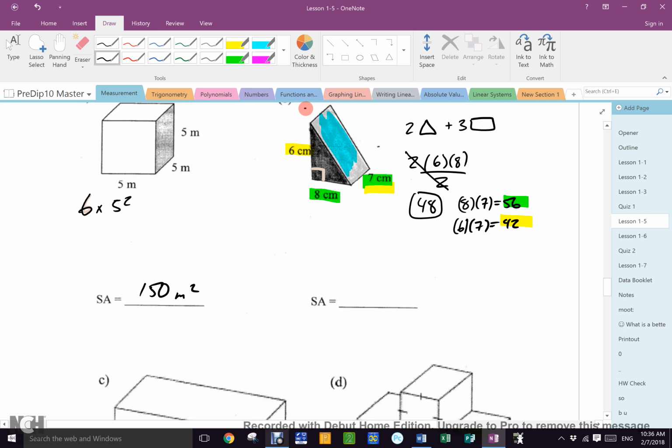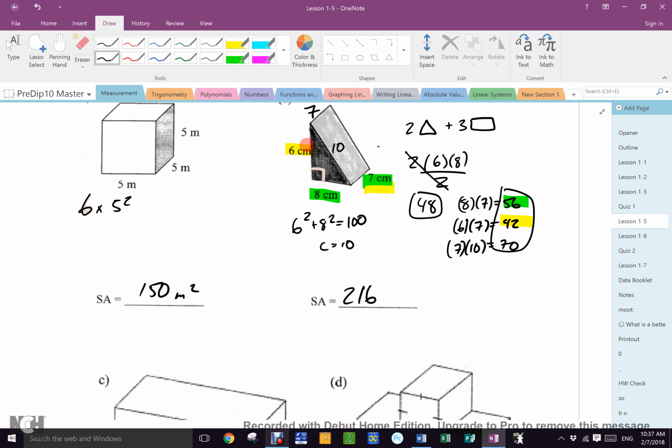And you knew that that was 7, but you didn't know this side until you did Pythagoras: 6 squared plus 8 squared equals c squared, which is 100. So c equaled 10. So you did 7 times 10 and got 70. And then you added up all of that to get 216. Did everybody do something close to that? Everybody?